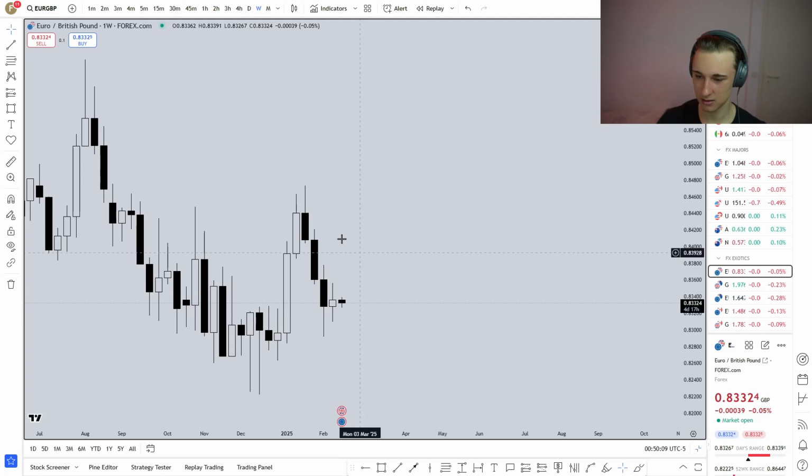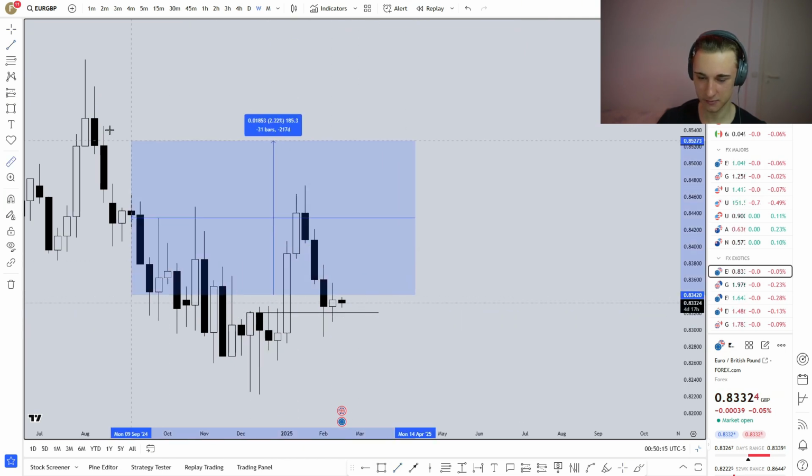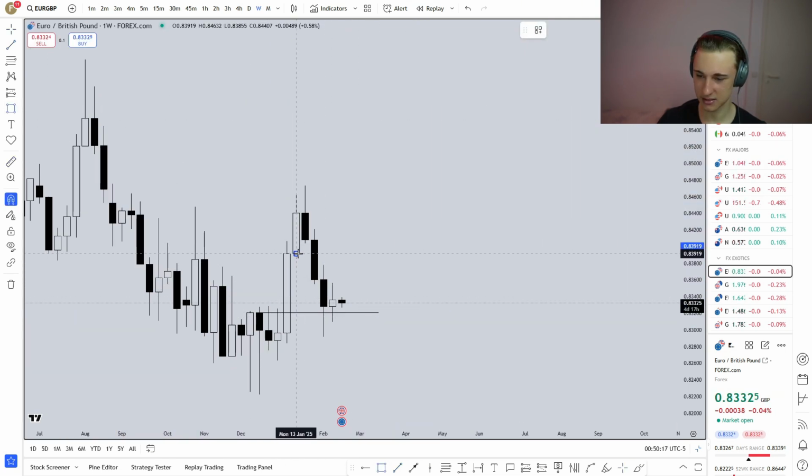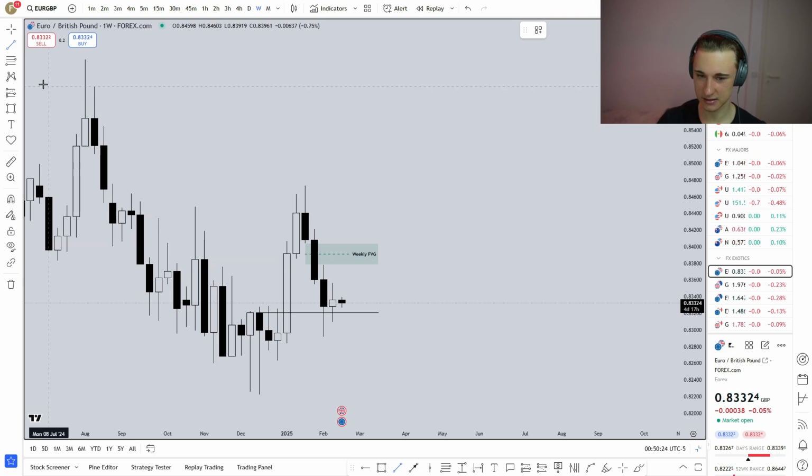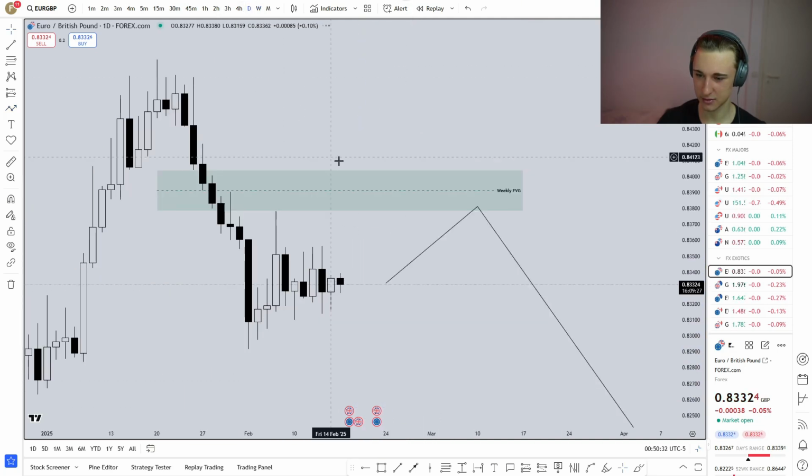Euro, I'm really bullish, and Pound even more bullish, because Euro GBP is right now inside a consolidation, but I think market could retrace higher from this order block right here into the weekly fair value gap, and then see downside. So we could see something like this playing out before we see another impulsive leg to the downside.